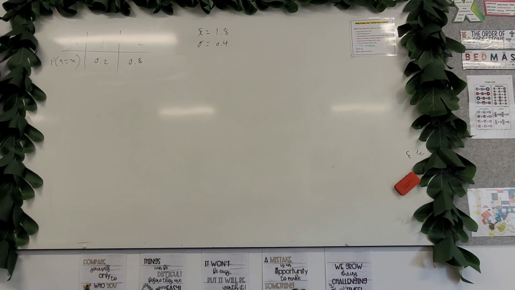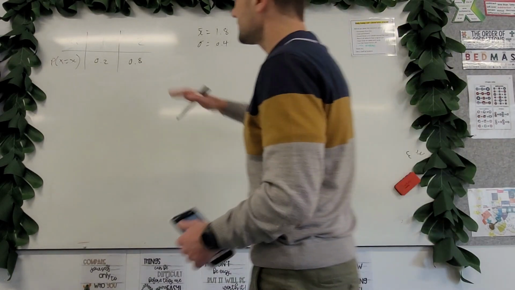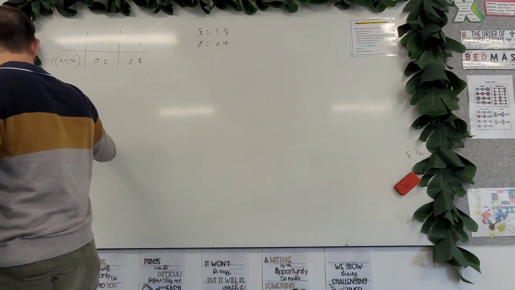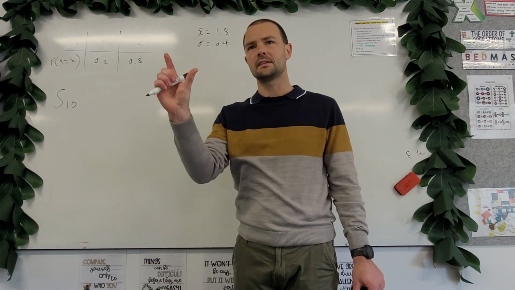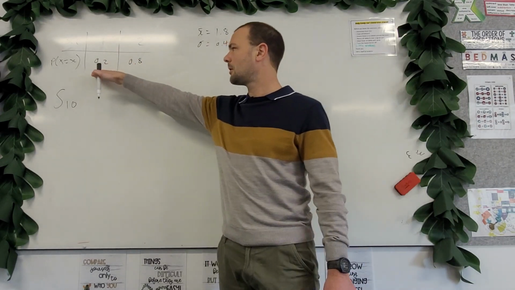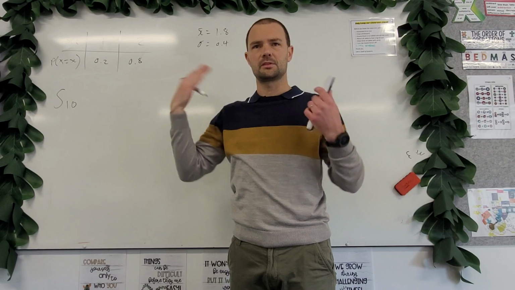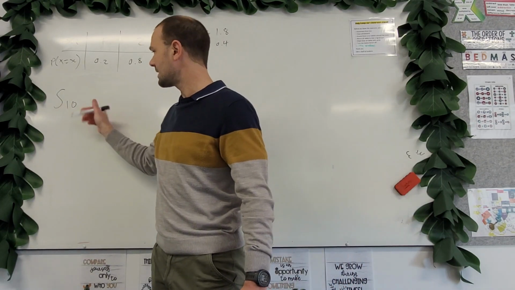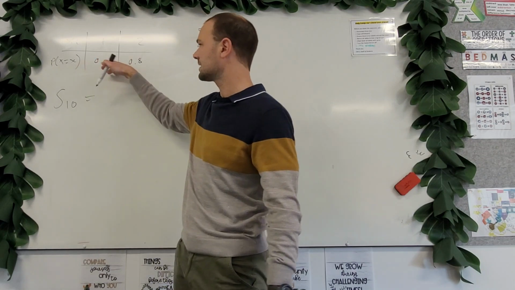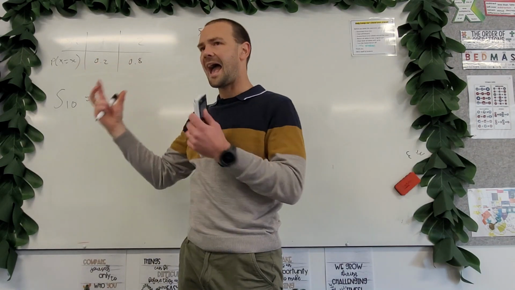Let's move on. State the meaning of S10, okay? So this is the distribution of X. We're talking about the distribution of S10, which is the distribution that arises when we perform this experiment 10 times and add the results together, okay? So 10 times, that's how many times we're performing this probability experiment, and we're adding the results together.